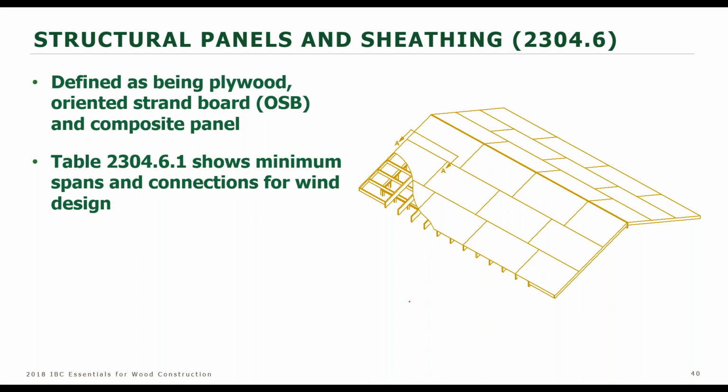The design of wood buildings commercially is almost always required to be by a registered design professional, but you do have some limits in this 2304 that are more prescriptive and some guidance in terms of, for instance, wood structural panels, their application and their maximum spans for roof applications, walls, and so forth, based on, for purposes of wind design. You'll find them there. So you can't neglect that section.